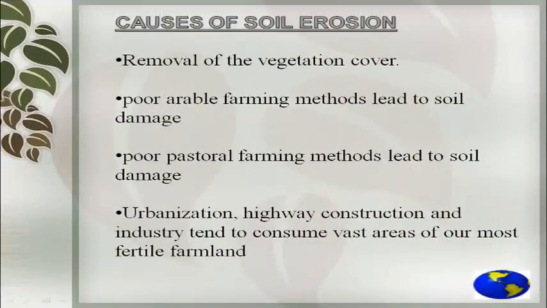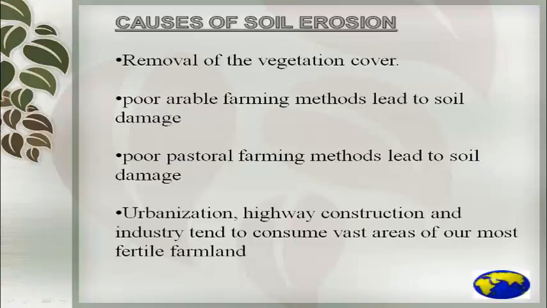Now let's go for causes of soil erosion. When we talk of causes of soil erosion, we mean things that bring about soil erosion. One of the factors that brings about soil erosion is removal of the vegetation cover.